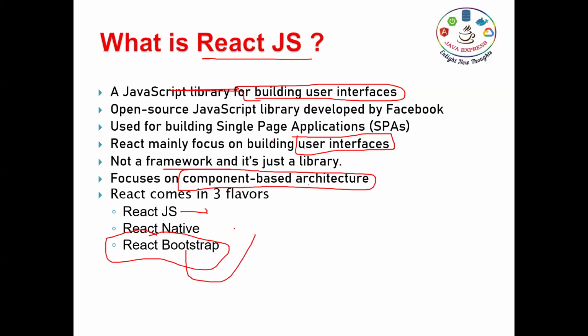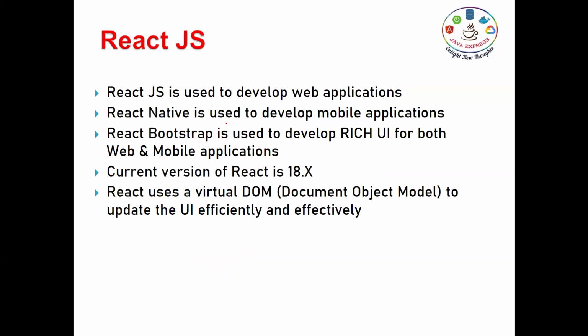Now, these three components: React.js is used to develop web applications, meaning user interfaces. React Native is used to develop mobile applications like Android applications. There you can use React Bootstrap as well.